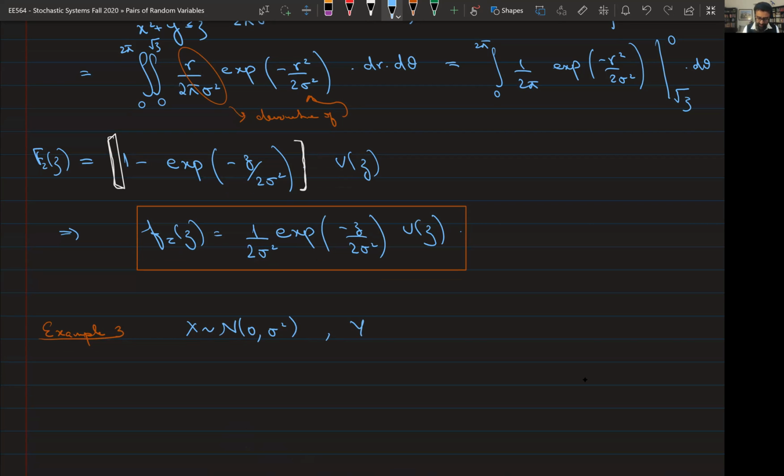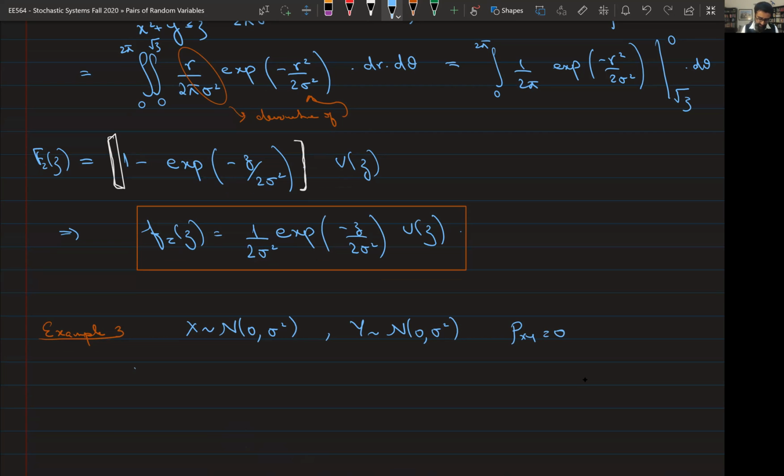Y is Gaussian as well with zero mean and variance sigma squared, and rho xy equals 0. That means they are not correlated with each other, and that means they're independent as well.